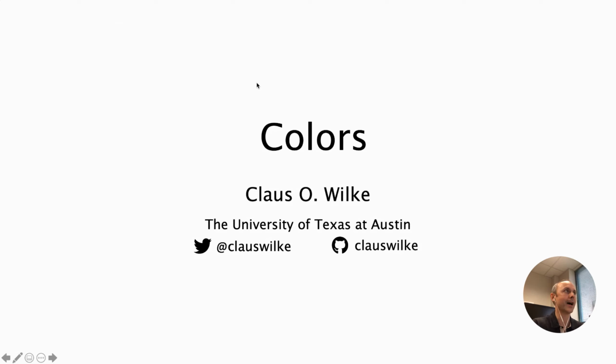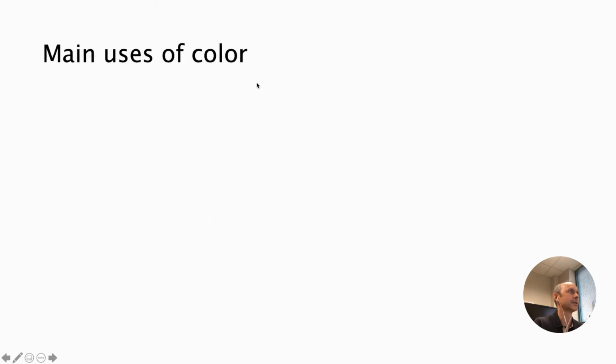With that, we need to think about what the main uses of color are in the context of a data visualization. There's a use of color of, I want to paint my bedroom, but that's not today's topic, though possibly you may learn something about colors that you can apply to that. We'll see.